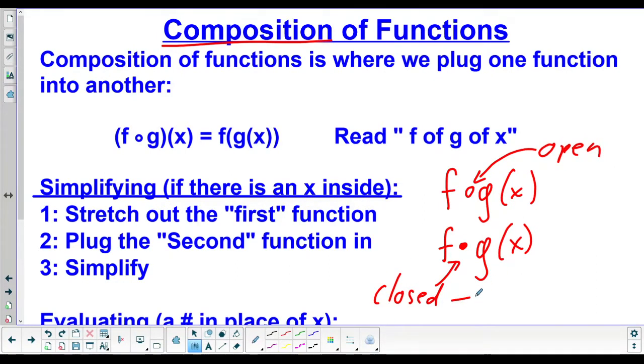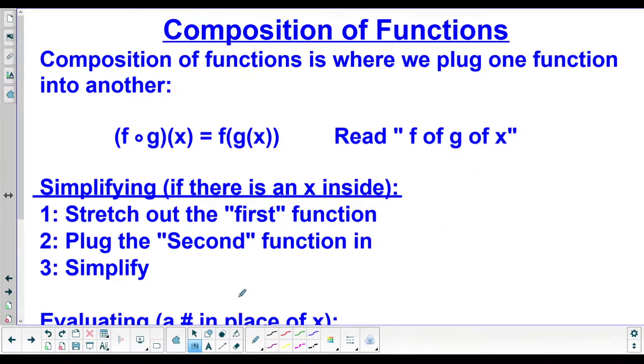If it's closed, we're going to multiply. And if it's open, it's a composite. Okay. So be aware of the distinction. Usually if we see this, I'm going to turn it into this because I think this is a little bit more clear when it's trying to tell us what to do.